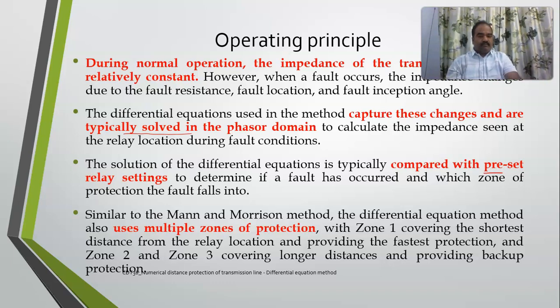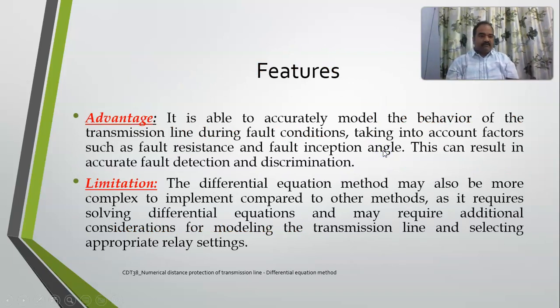Now, we will move on directly to the mathematical modeling of the differential equation method. But before that, the biggest advantage of the differential equation method when compared to the previous Mann-Morrison method is that we will be able to accurately model the behavior of the transmission line during fault conditions. We will be considering the resistance and also the angle of the impedance.